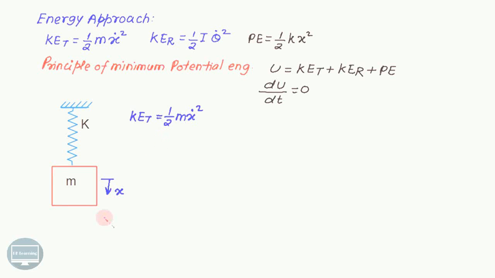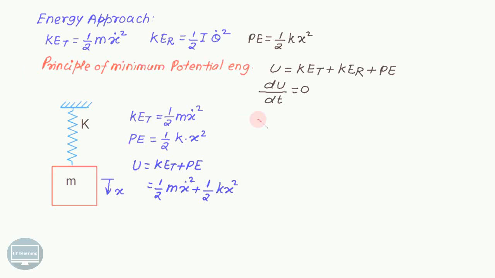If the mass moves by distance x, the spring is also displaced by distance x, so the potential energy of the spring is 1 by 2 k times delta, which is x square. Therefore total energy is kinetic energy of translation plus potential energy of the spring, equal to 1 by 2 m x dot square plus 1 by 2 k x square.